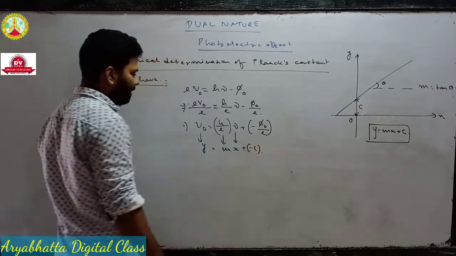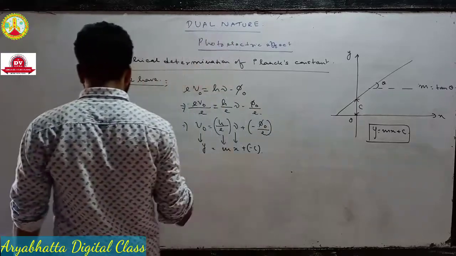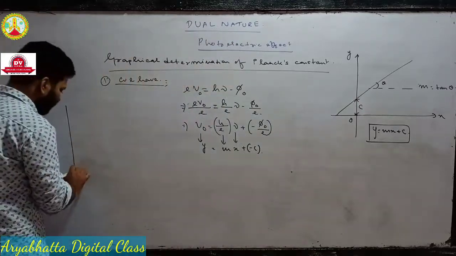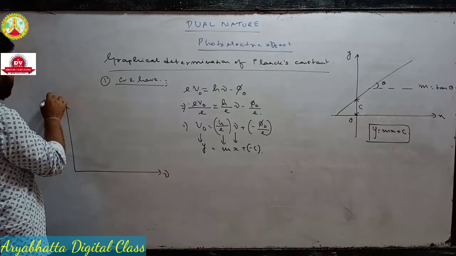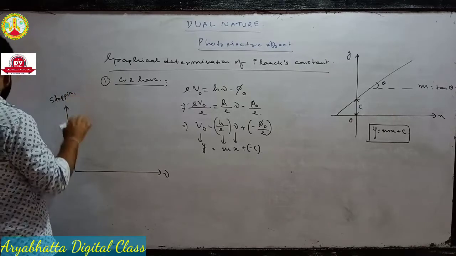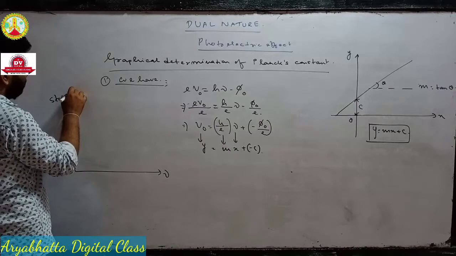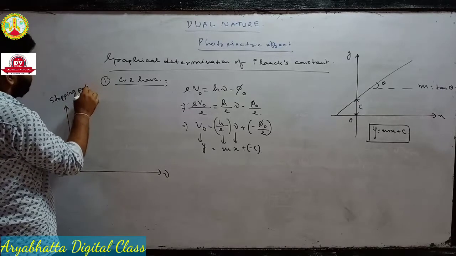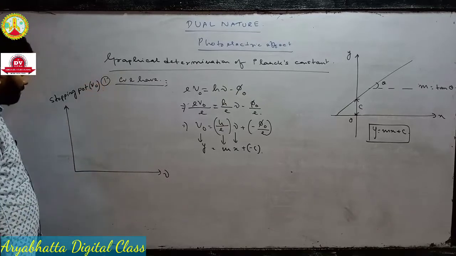So what will be the graph? Graph देखो. Independent variable यहाँ पे कौन सा है? Independent is frequency of the photon. Done. And this side is stopping potential, which is represented by V naught.